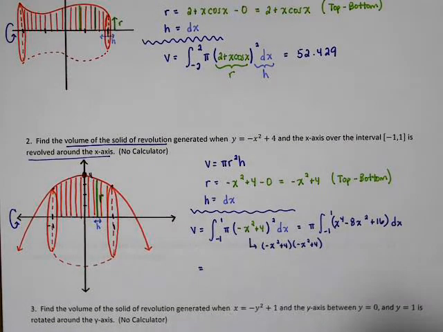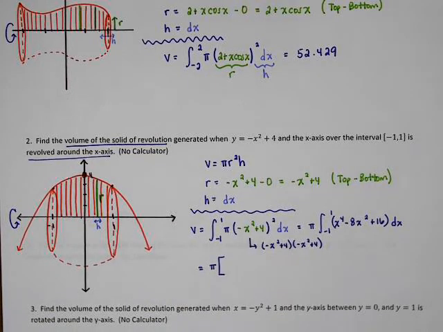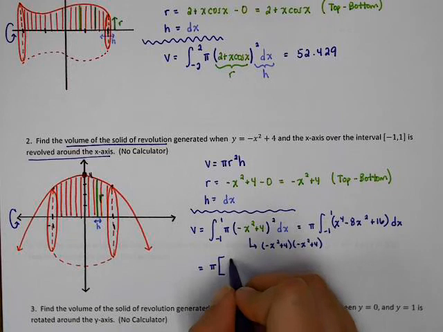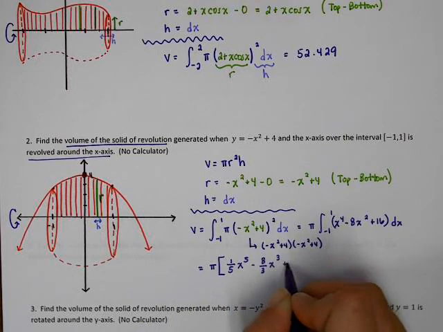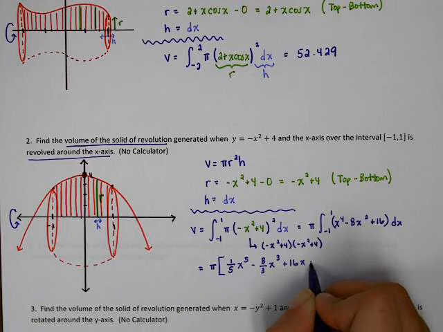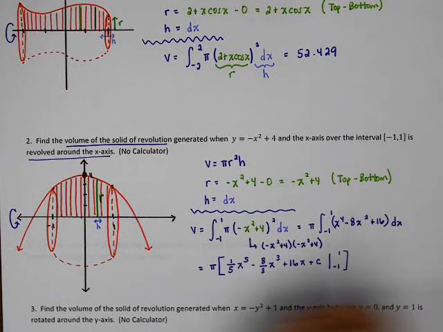In order to evaluate this integral, I need to do the antiderivative. So my pi is still there, and the antiderivative would be 1/5 x to the 5th minus 8/3 x to the 3rd plus 16x plus c, and I'm going to evaluate that between -1 and 1.